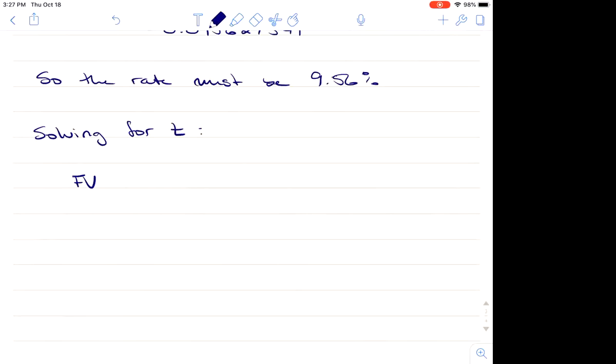Yeah. So if you have the future value, P times 1 plus rt, or whether you have I equals PRT, right? We need to be comfortable solving for t as well as for r. So what you'll find is for each of these sections, I introduce a formula, and then we go through and solve for each one of these terms, just kind of work through solving all of the terms individually.